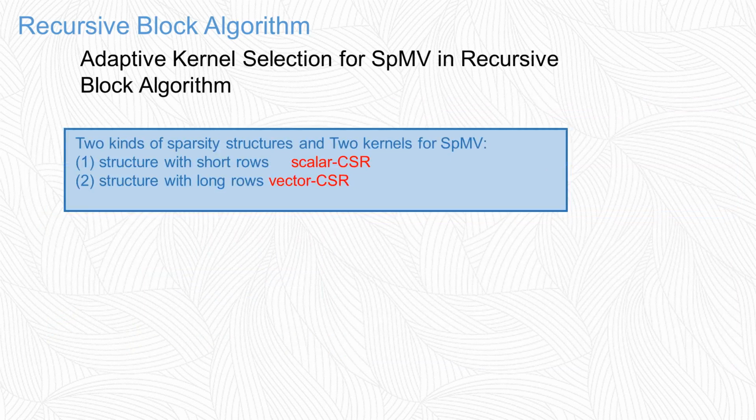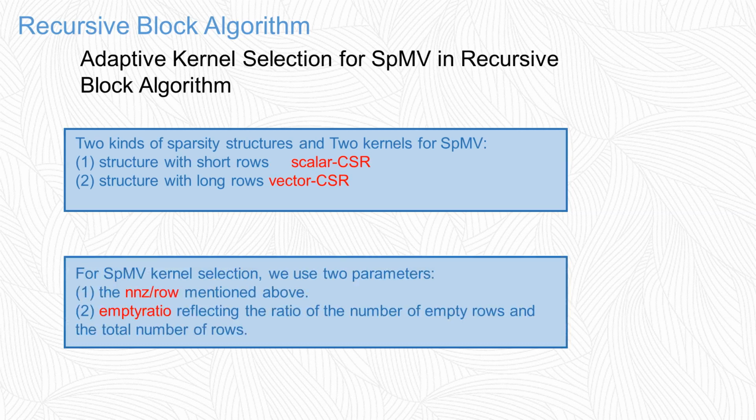There are 2 kinds of structure in the square matrix and 2 corresponding kernels. For SpMV kernel selection, we also use 2 parameters.